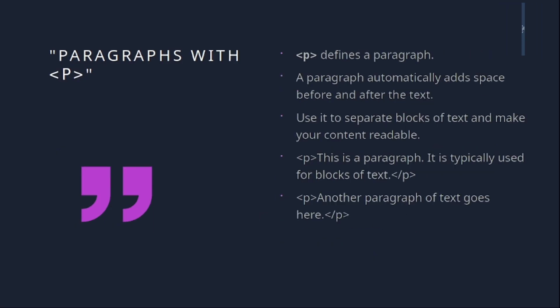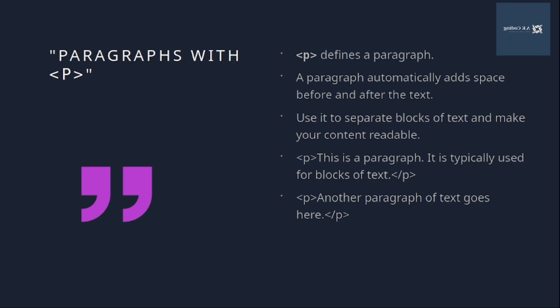So we have paragraphs, which is p, and p defines a paragraph. A paragraph automatically adds space before and after the text, like we used in our first video. And we can use it to separate blocks of text and make your content more readable. P is a paragraph, typically used for blocks of text.